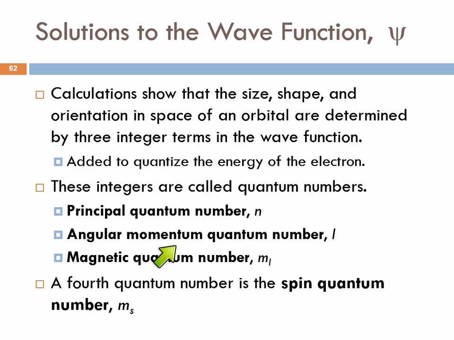The angular momentum quantum number has the symbol L, not to be confused with a 1. That's an L. And then there's the magnetic quantum number, m sub L. The fourth one is spin, and that's m sub S. I don't necessarily like the letters they chose, but we don't have much choice. We just have to deal with them.